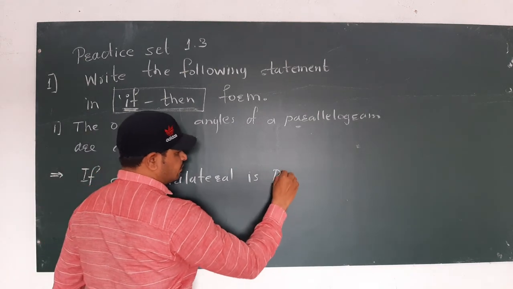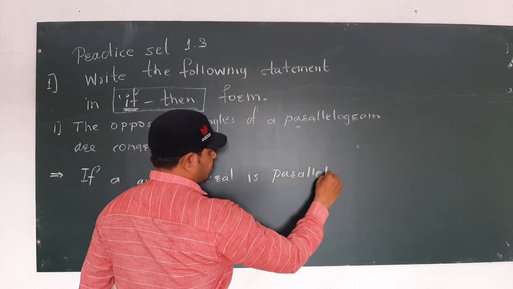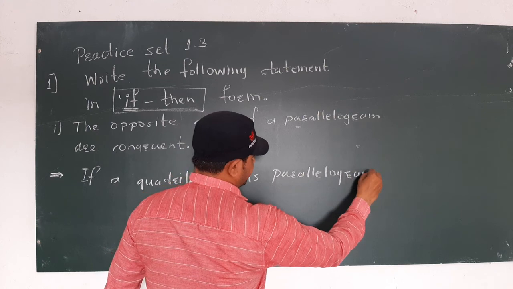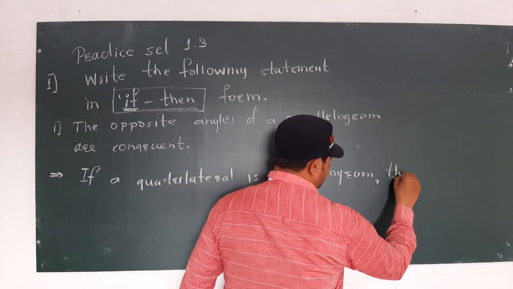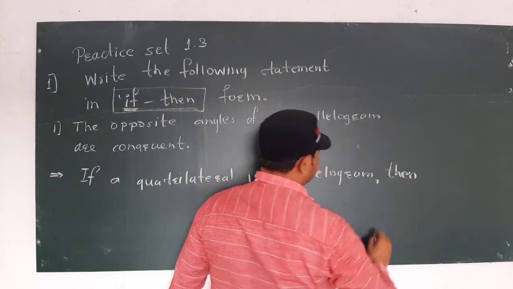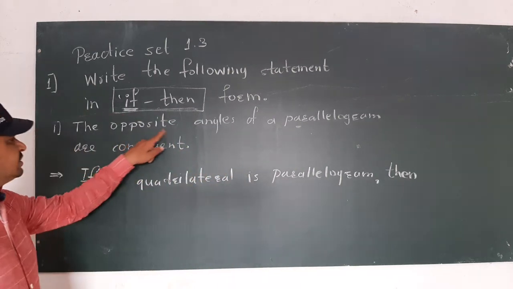a quadrilateral is a parallelogram, then opposite angles are congruent.